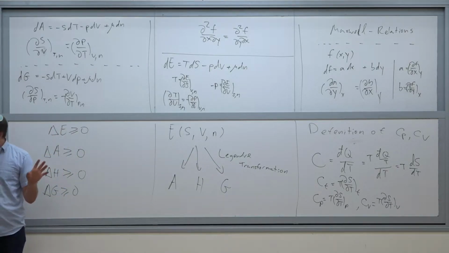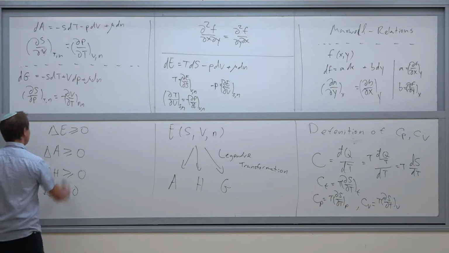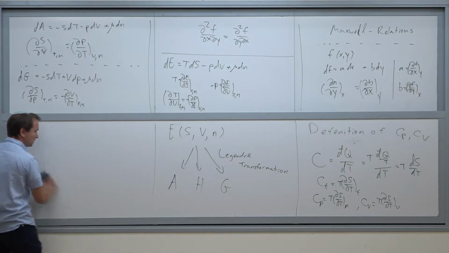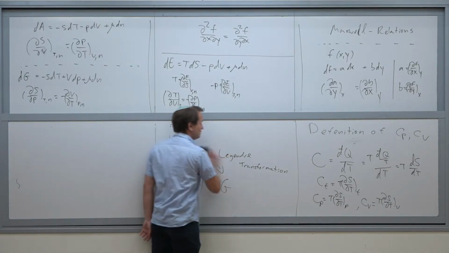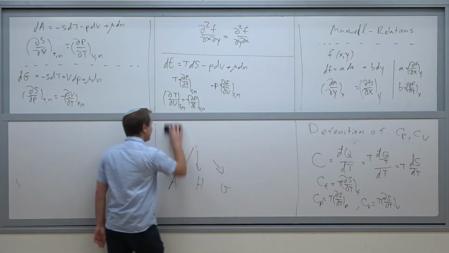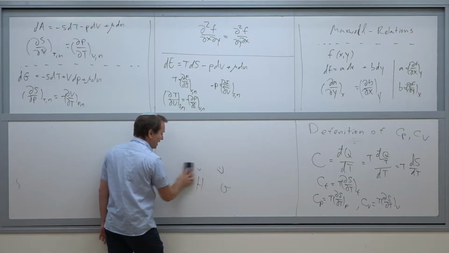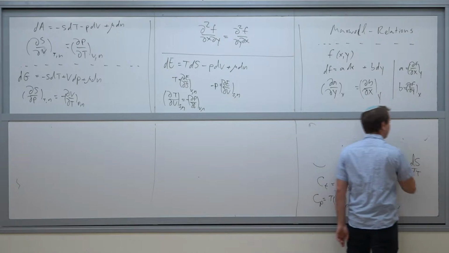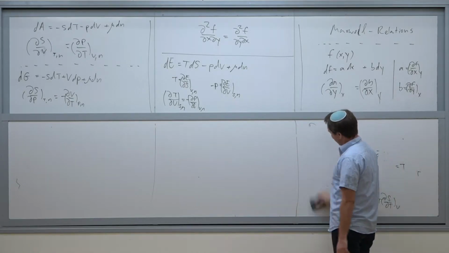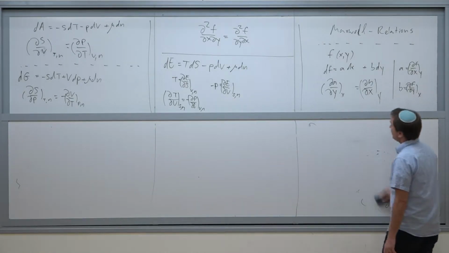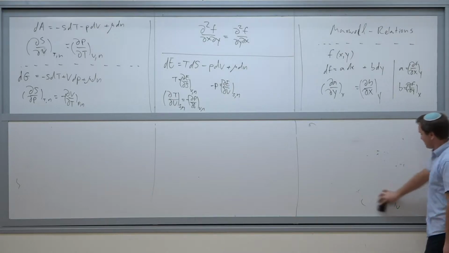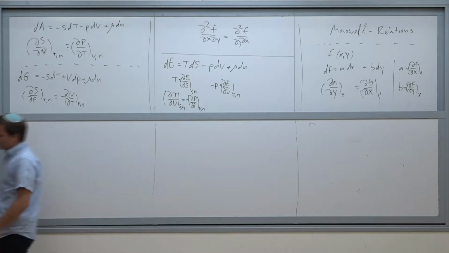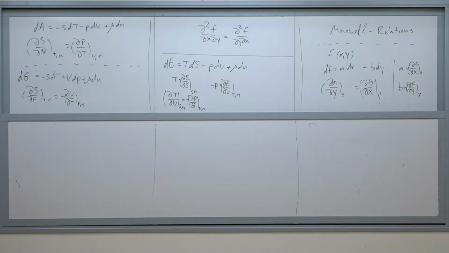In the meantime, by using those Maxwell relations and some other tricks, I will present two results that will later become very useful and important. They are related to specific heat, and to establish those results I will use the Maxwell relations.